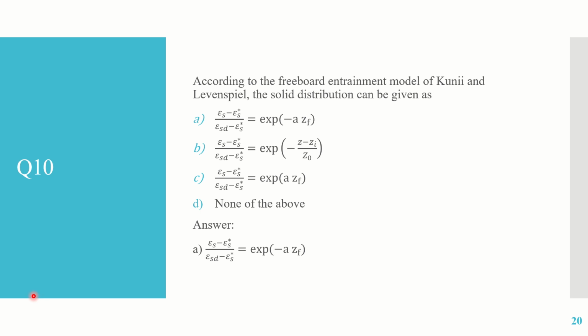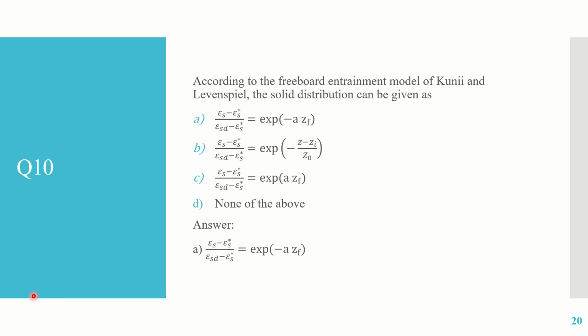Moving upward is phase 2, moving downward is phase 3, which is considered in the assumption by Cooney and Levenspiel for the freeboard entrainment model. So the third assumption is that the upward moving agglomerate will eventually reverse its direction and move down. The frequency of change from phase 2 to phase 3 is directly proportional to the volume fraction of phase 2, that is the one moving upward.